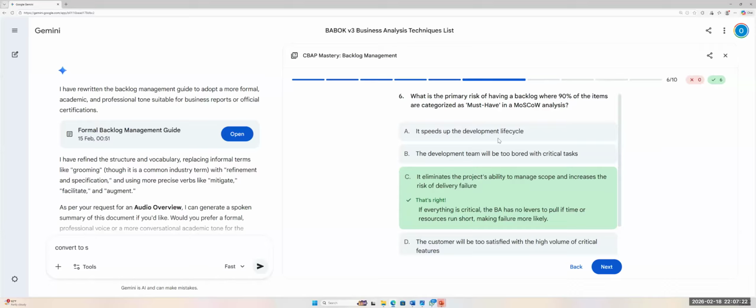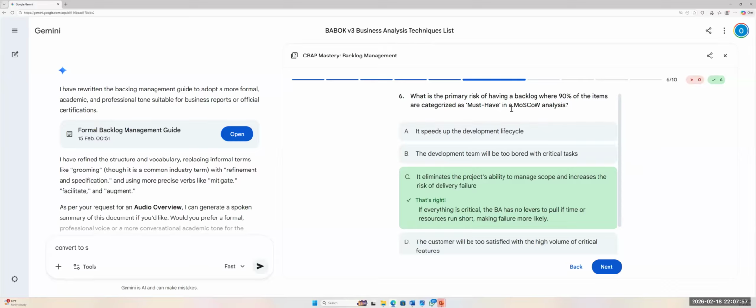Remember, we said that your backlog, right? So the risk here is not that you are not doing backlog management, but that you are not doing it right. Because if you have 10 items and 9 of them are must have, then there's a problem. So what you can do is a further evaluation to say, out of these must haves, which one is most important?